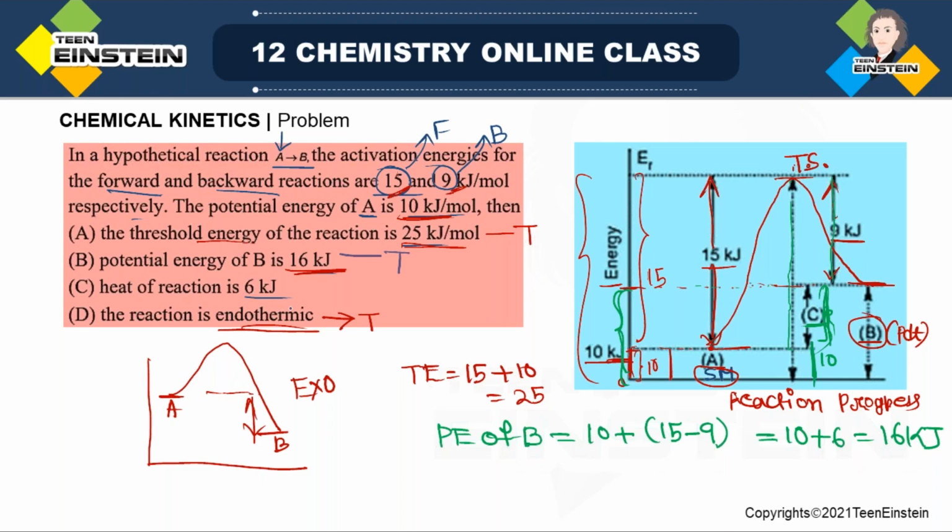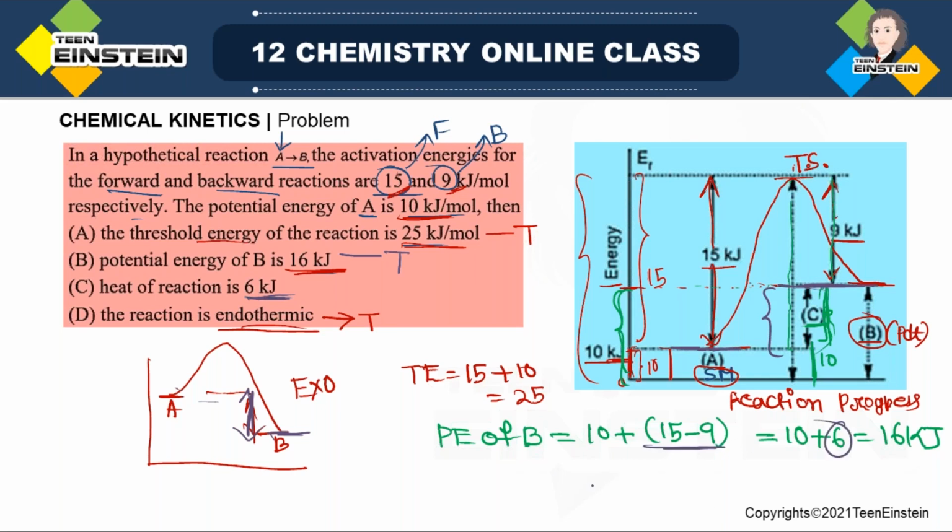Third statement, heat of reaction is 6 kilojoule. So what is heat of reaction? Heat of reaction is basically the gap between the potential energy of A and that of B. Here we can see, in this case B is having lesser energy compared to A, but in both cases it is actually the difference of product and starting material. So here the product line is this and the starting material is this. So this gap we have to find out, which we already know.